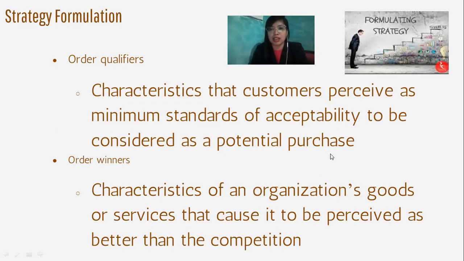Meaning, the customers may or may not choose your products and services one day. And for the order winners, again, these are characteristics of an organization's goods or services that cause it to be perceived as winning over your competition, because you are better than your competition.